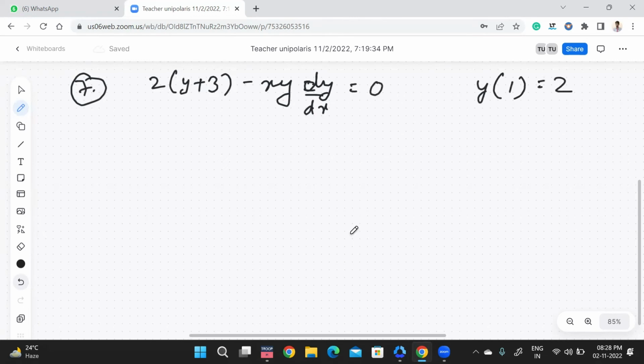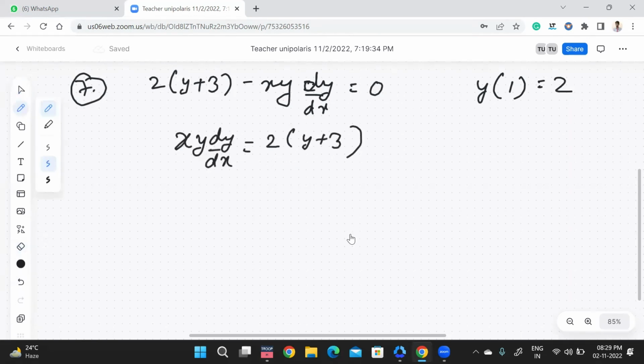So we can write xy dy over dx equals 2 times y plus 3. We can write it like this. So now we can write y over y plus 3 dy equals 2 dx divided by x.